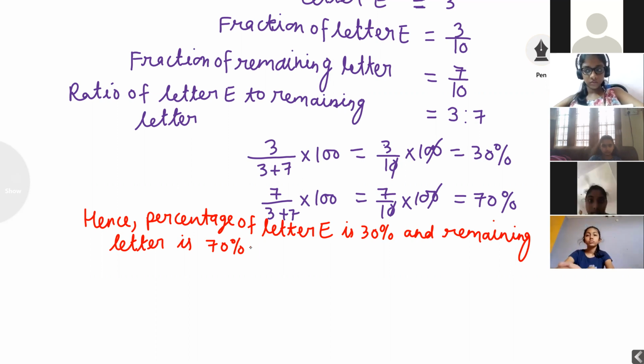Now I am going to explain percentage of a given quantity.